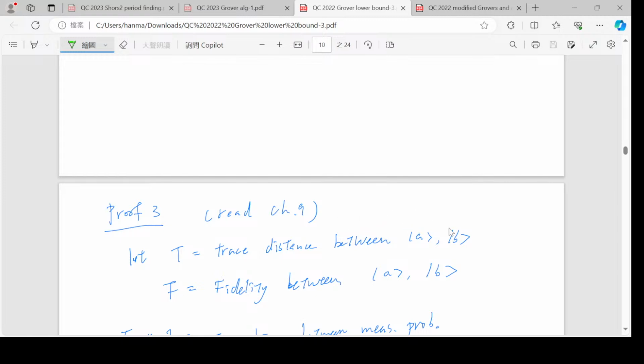To study the distance between 2 quantum states, people found out that there are 2 quantities that are very useful. The first one is trace distance, and the second one is fidelity.